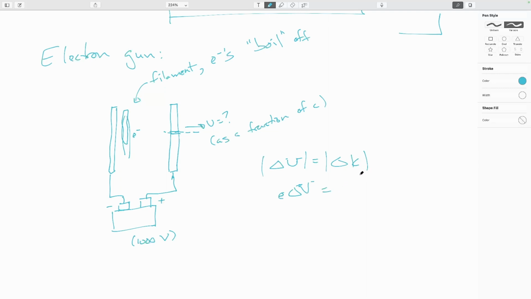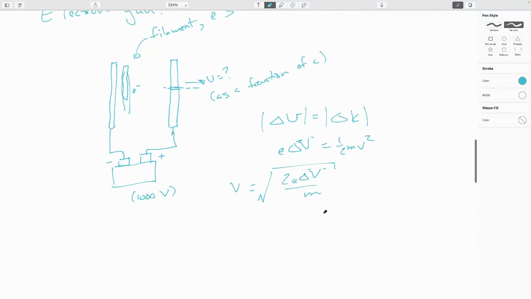And by the same logic, my final kinetic energy will be 1/2 mv squared, and the initial was 0 because it was at rest. So I can rearrange this and get that my final speed is the square root of 2e delta V over m.